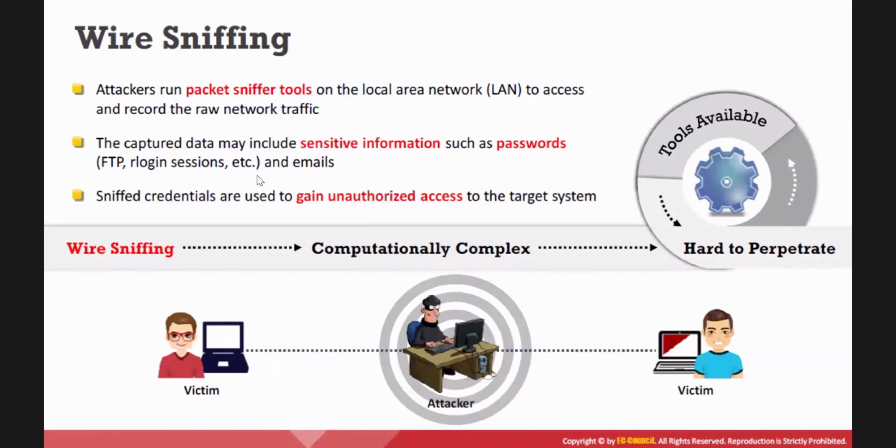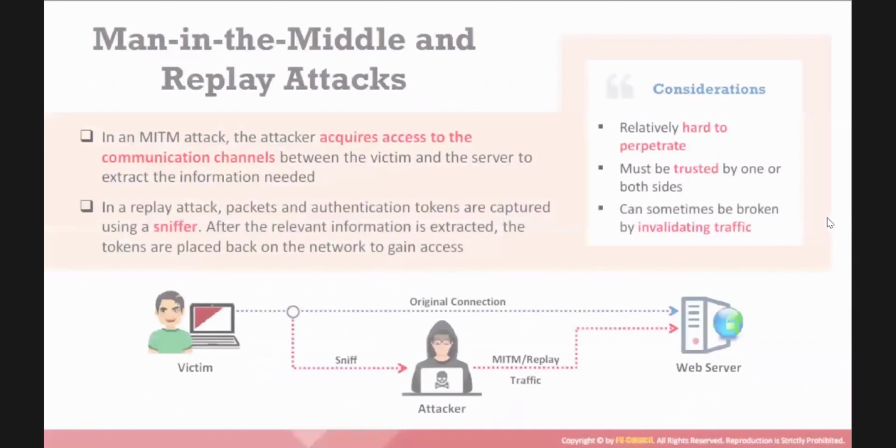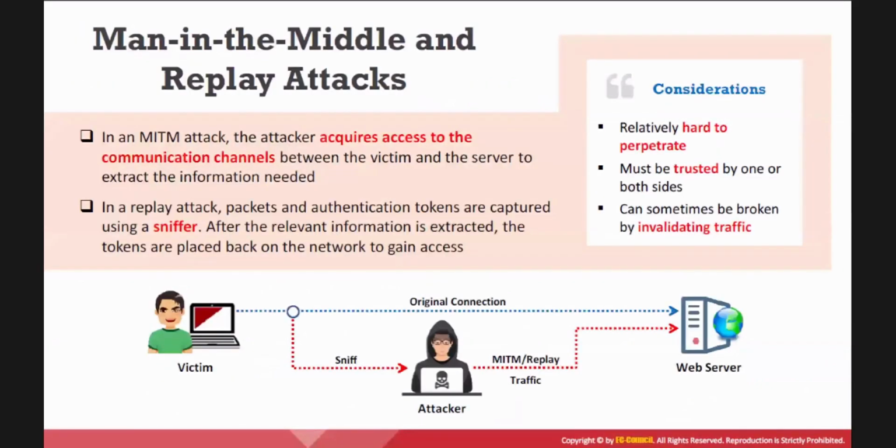If they are using unencrypted traffic, we can easily get sensitive information such as passwords in a readable format itself. And using the sniffed credentials, we can gain unauthorized access to the target network or systems. The same thing comes under the man in the middle attack also. We will be placing a relay into the traffic, and then we can easily capture the target system.